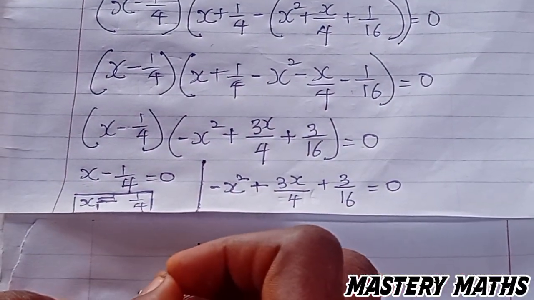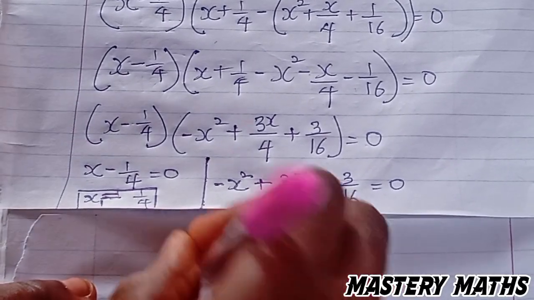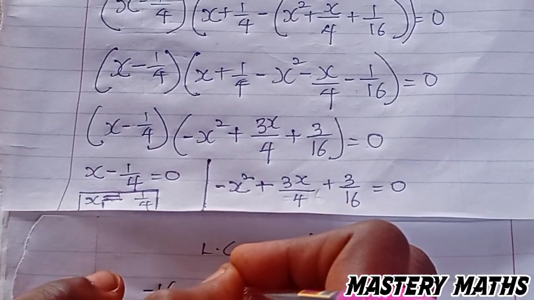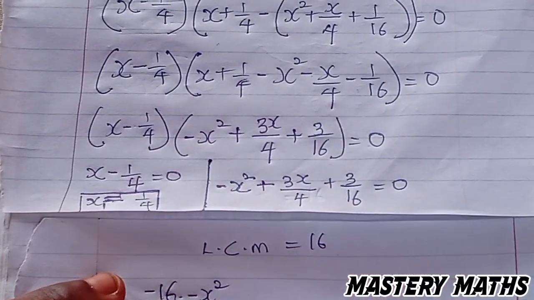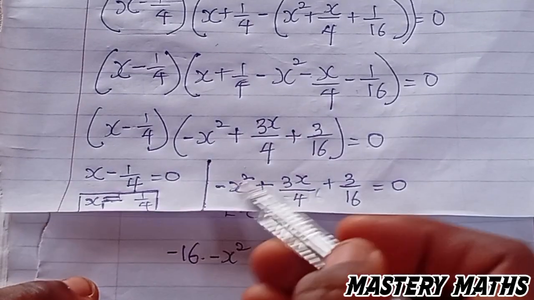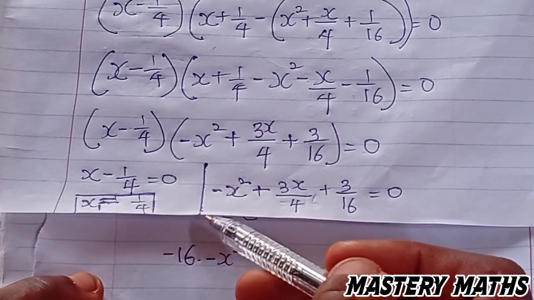So we say minus 16 times minus X squared. The reason we are using this minus 16 to multiply is that we want to remove this subtraction sign so that the X squared will be alone.